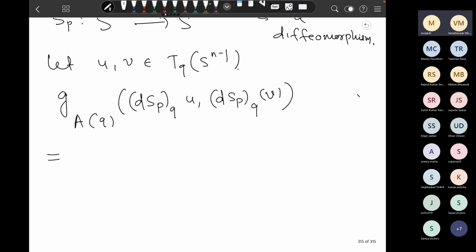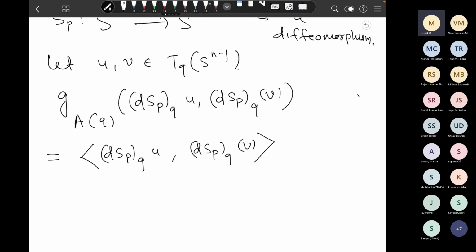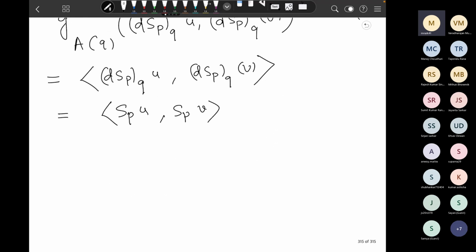So this is really, dSP is the linear map, so dSP_q is really SP, and this is simply g_q(u, v).